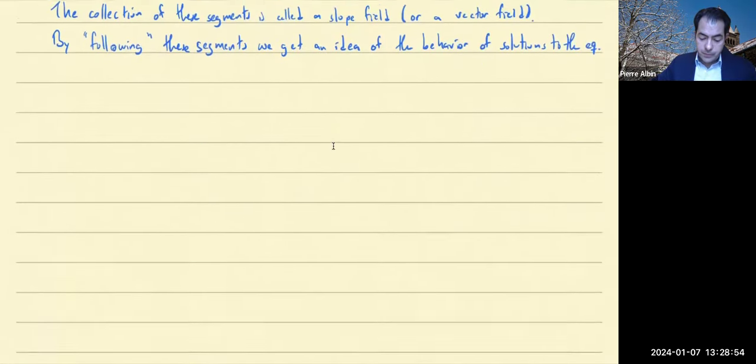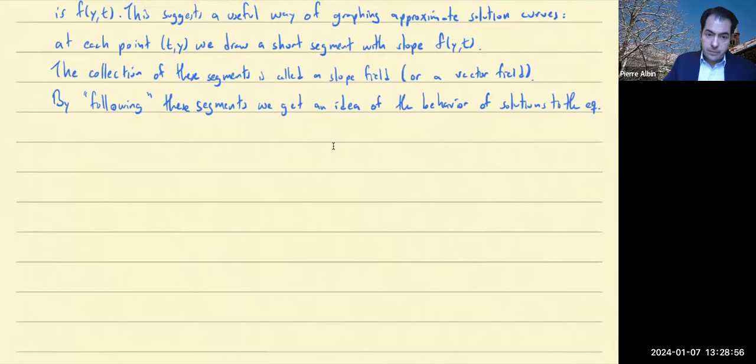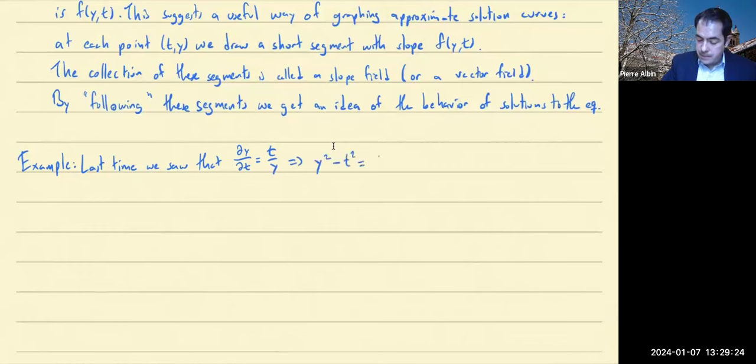Okay, so for example, last time we saw that if you have the differential equation dy/dt is equal to t over y, then the solution curves are given by y squared minus t squared is equal to c for some arbitrary constant c.